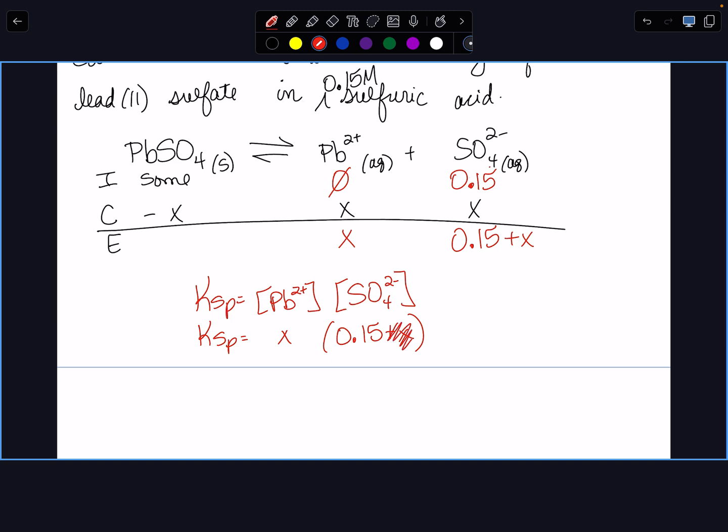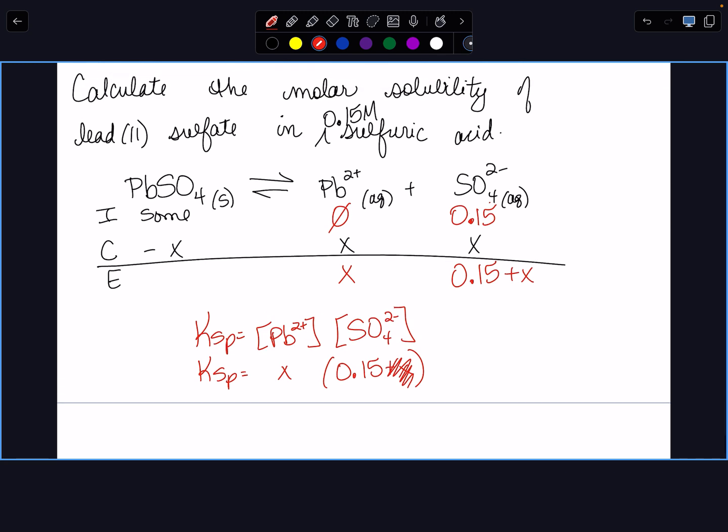We took it away, because we assume X is going to be so small that when I add it to 0.15, it's not going to make a difference. So we take it away, and it says calculate the molar solubility. We're going to solve for X.